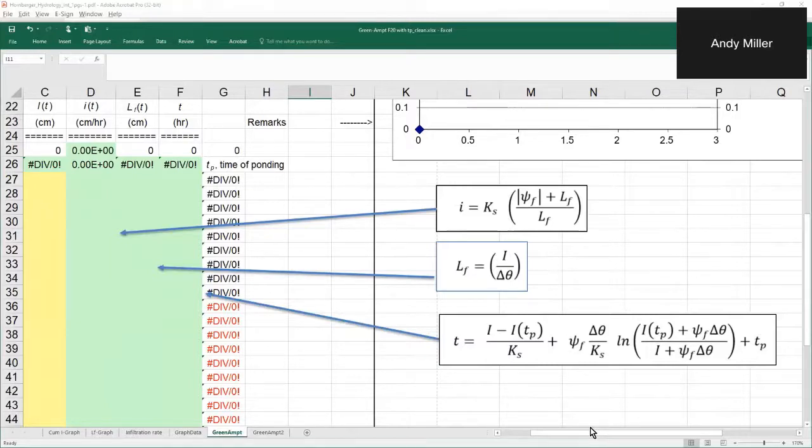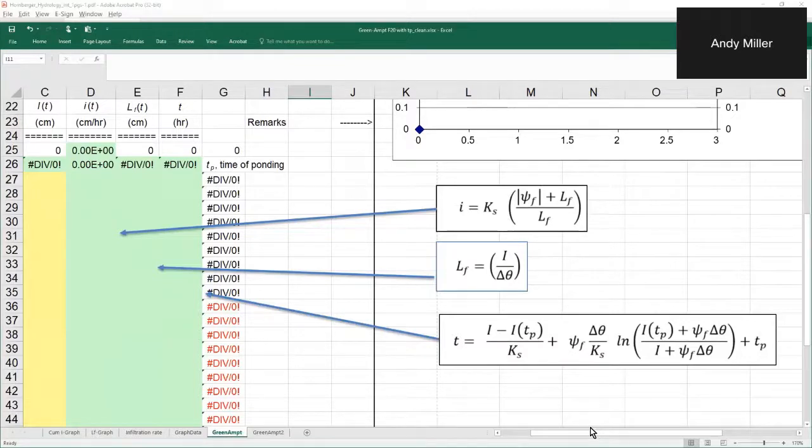So time is an implicit function of this, except now it's a little bit different because they're saying cumulative infiltration minus the cumulative infiltration at the time of ponding. So this formula depends on knowing what has happened since the time of ponding is reached. That's a fundamental difference in terms of how it draws the curves. But those are details. It's using all the same physics.